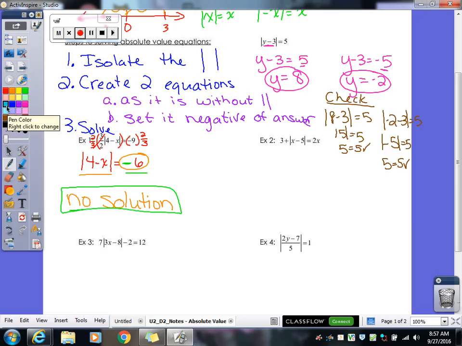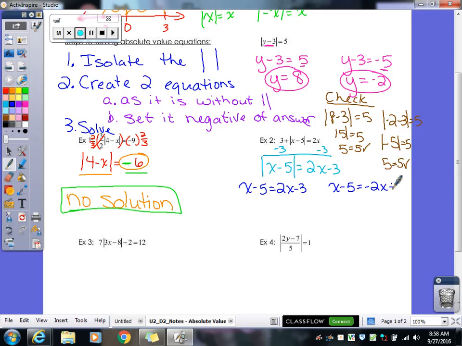Okay, taking a look at example number 2. So we're going to subtract our 3, try to isolate our absolute value sign. We get 2x minus 3. So we don't have it equal to a negative like we did in that first example. So I'm going to create my two equations. x minus 5 equals 2x minus 3. And then x minus 5 equals negative 2x plus 3. When you have a binomial here, you change both their signs when you take the negative version of it.